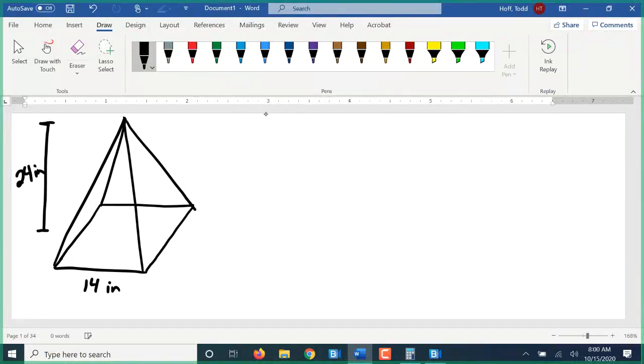Find volume and surface area again. We'll go over that one in a few minutes as well.